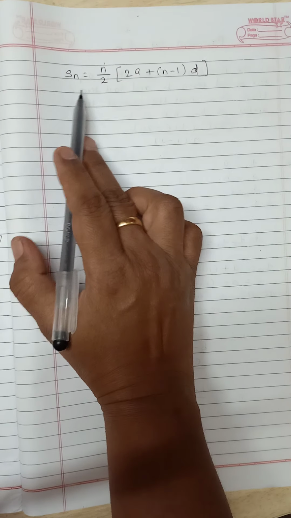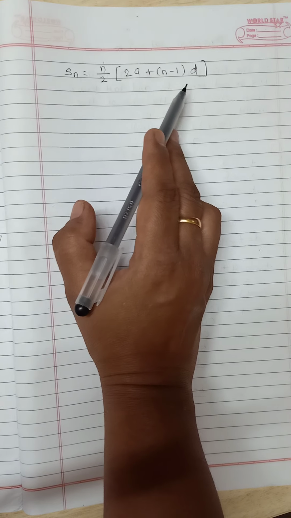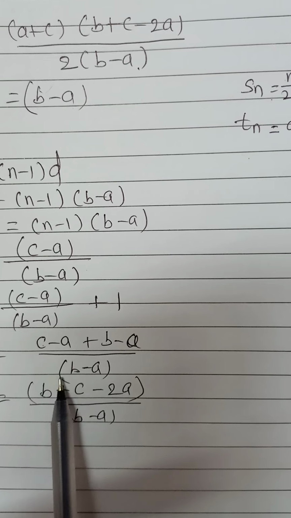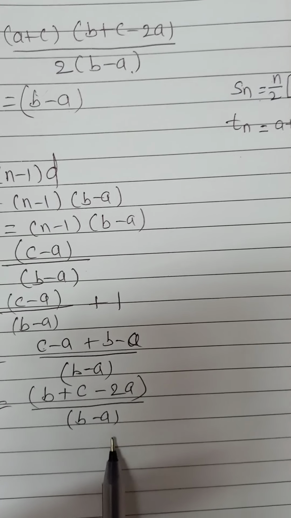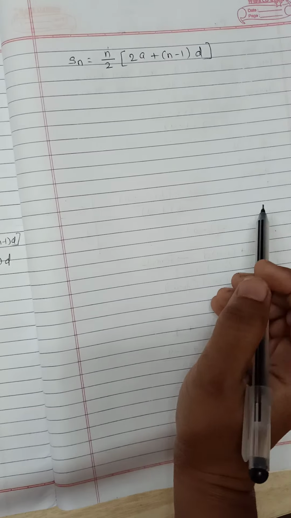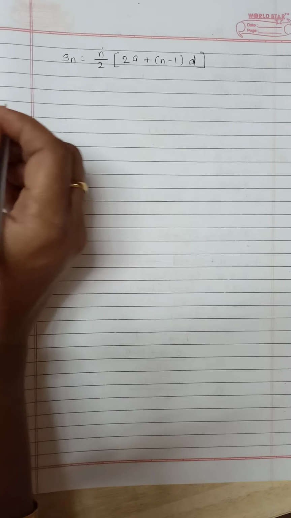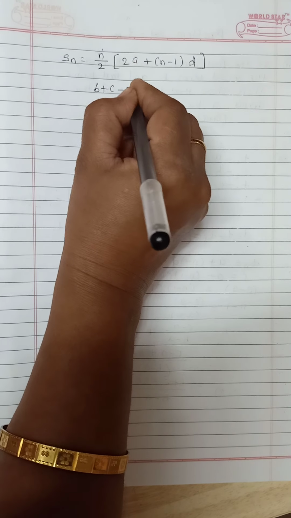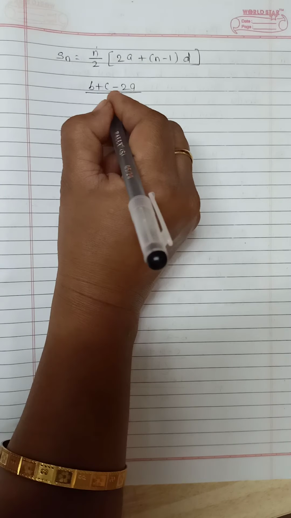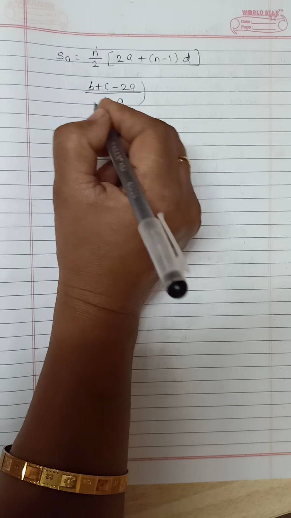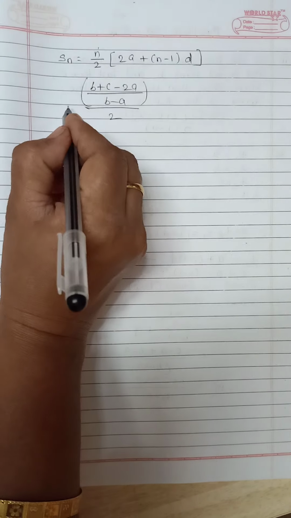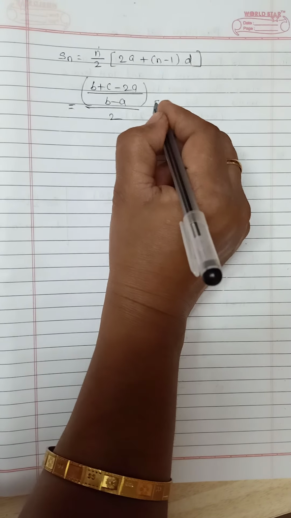Now in the Sn formula, we'll substitute the n value, A value and D value. The n value we have got here, (B plus C minus 2A) upon (B minus A). So this value of n will be substituted here, and the denominator 2 will come over here. So I'm writing the equal sign on this side.